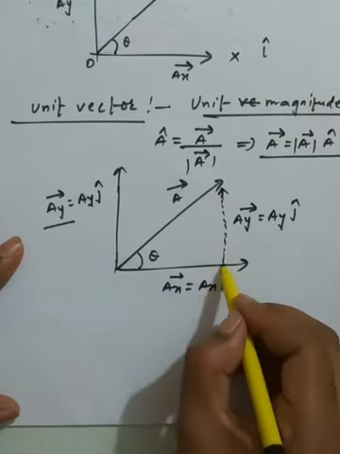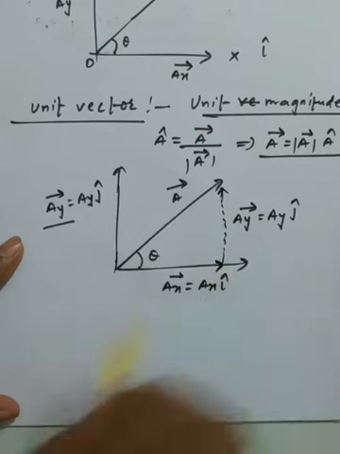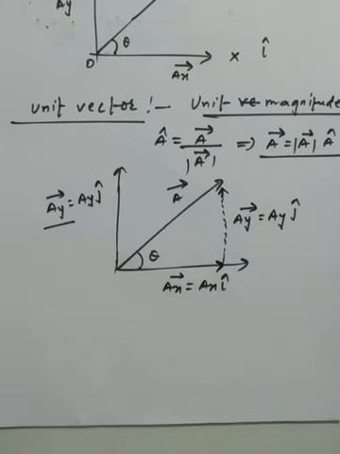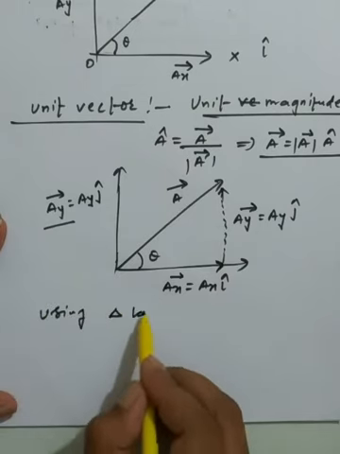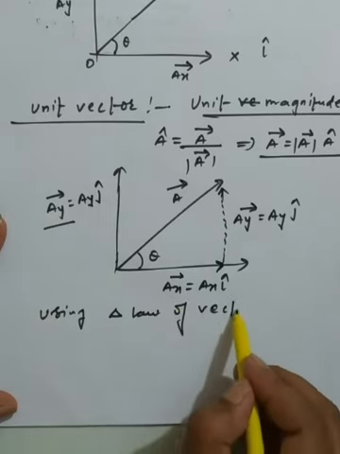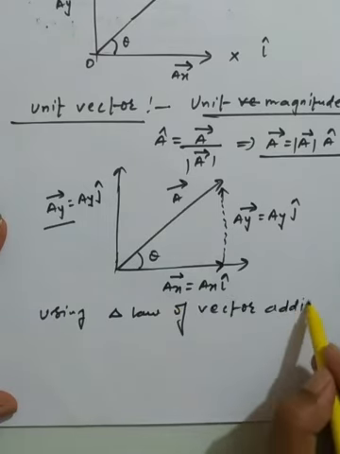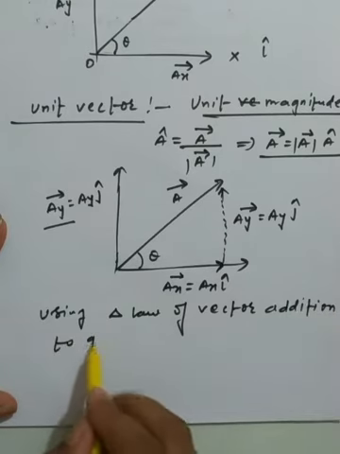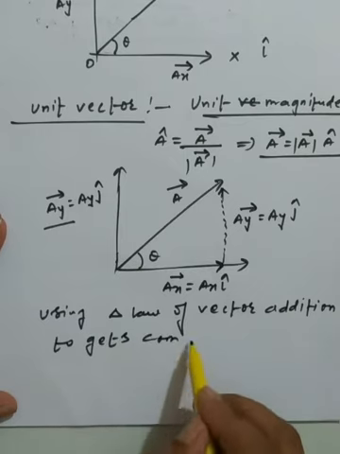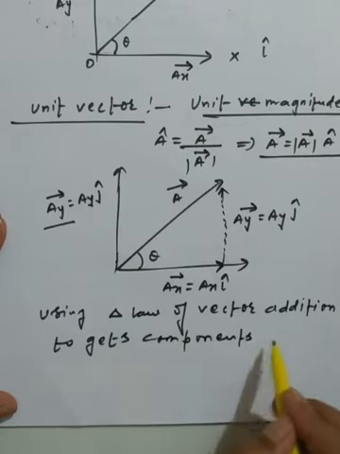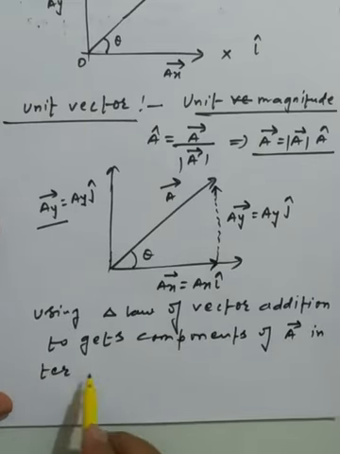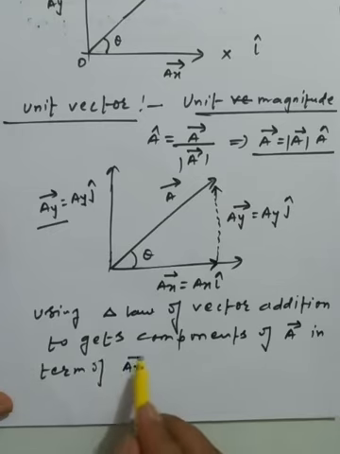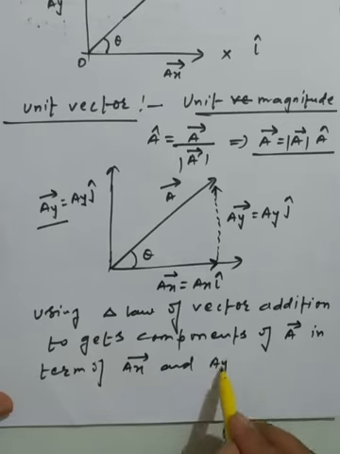Now I am using the triangle law of vector addition to get the components of vector A in terms of the ax vector and the ay vector.